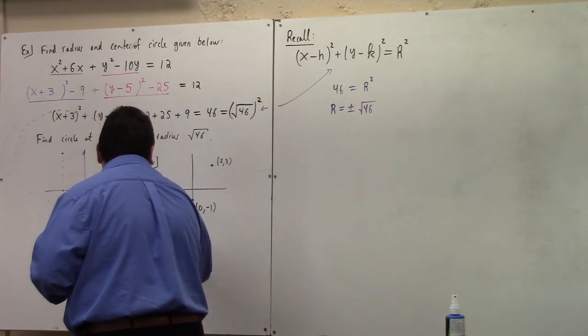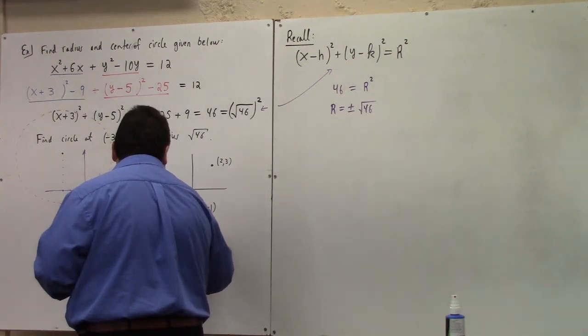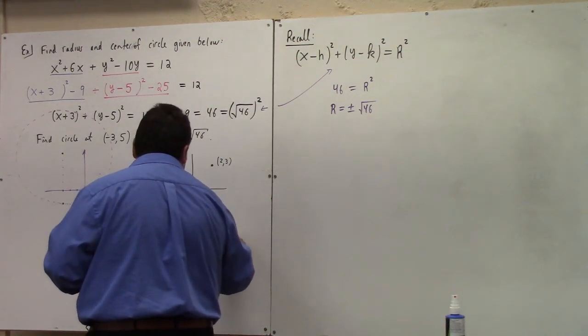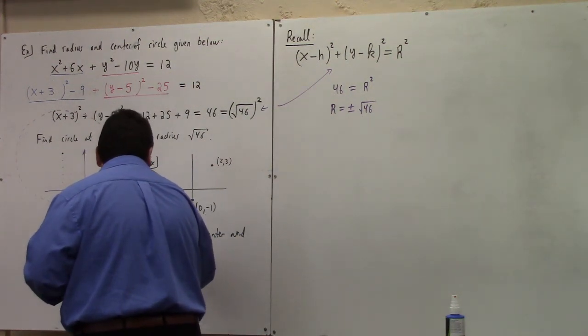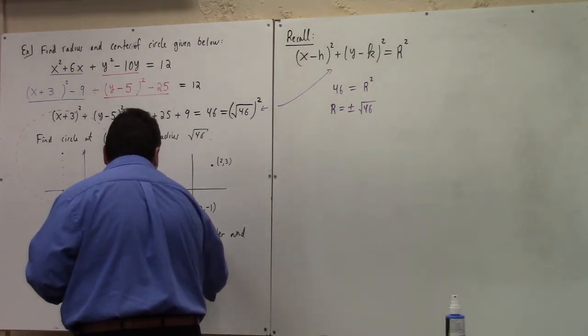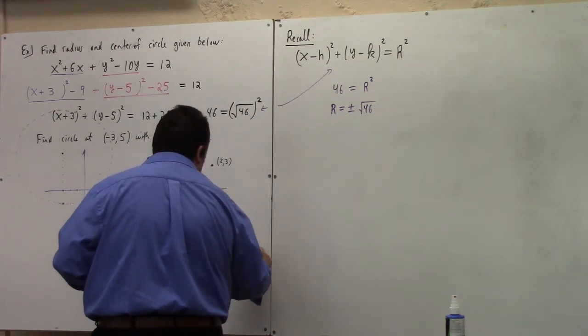Well, these are not two points on the circle, rather. (2, 3) is the center, and (0, -1) is on the circle. Find its equation.